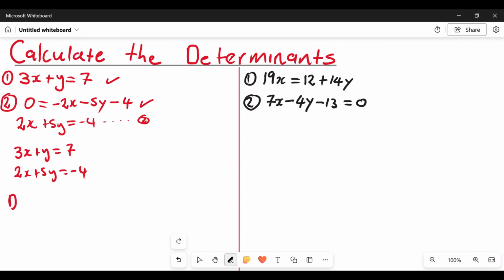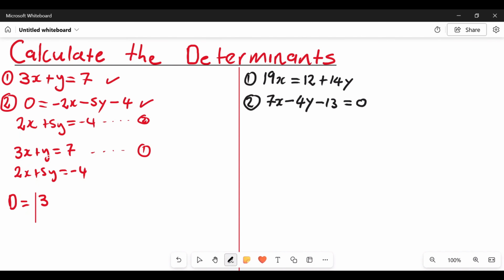So remember, when we calculate our determinant, we need to create the square matrix here. Now, when we create the square matrix, we just have to take the coefficients of x and y and put them as our entries. So the first entry is going to be from equation 1, the coefficient of x, which is a 3.